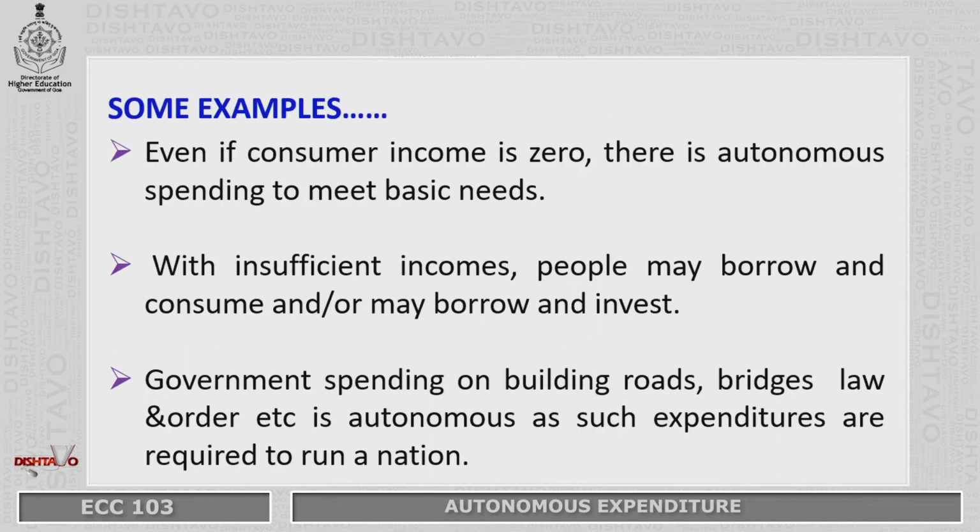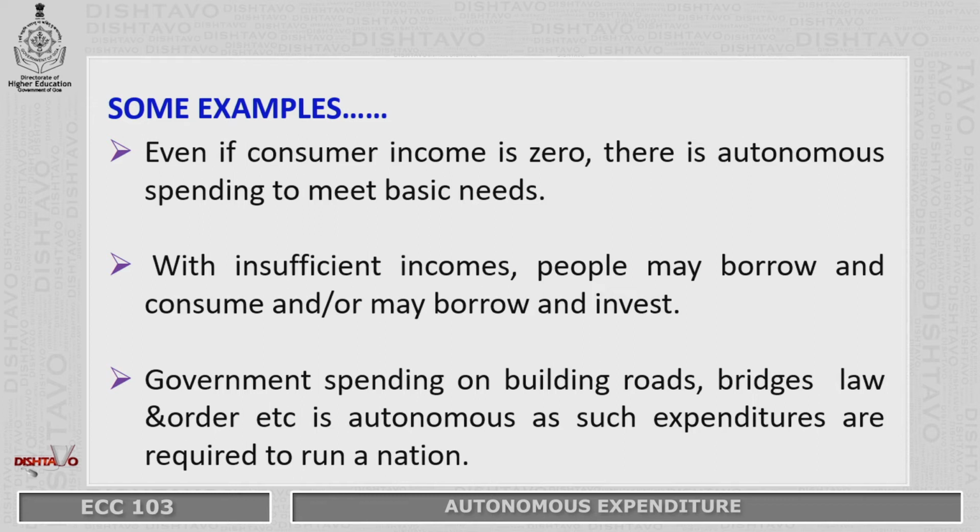Let's take some examples. Even if consumer income is zero, there is autonomous spending to meet basic needs such as food and clothing. In this time of pandemic, for instance, households have to spend on products like masks, sanitizers, which have become basic necessities, and whether you are rich or poor, you have to buy them irrespective of income level.